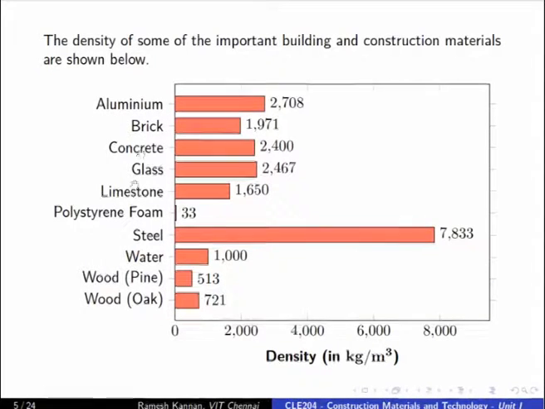Note that steel has a higher density value, which is 7,833 kilograms per cubic meter, whereas water has a density of 1,000 kilograms per cubic meter, and some materials have lesser density, such as polystyrene foam, which has just 33 kilograms per cubic meter. These are some examples of construction materials and their density values.